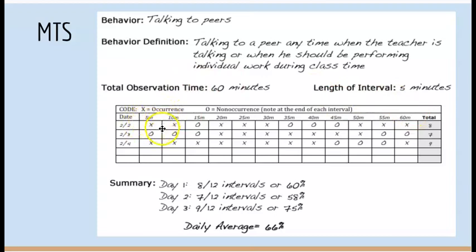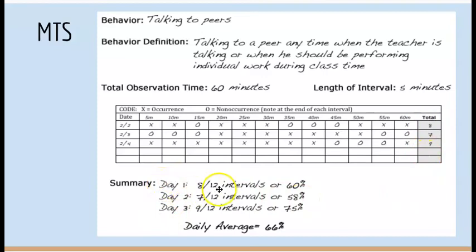But if it's occurring at the end of the interval, then you would record an X. If it's occurring at the end of the next interval, you record an X. If it's not occurring at the end of the next interval, you would record a 0. And so you can go to the very end and say the number of intervals at which the behavior was occurring at the end, get your total, and then you can compare from day to day to day.